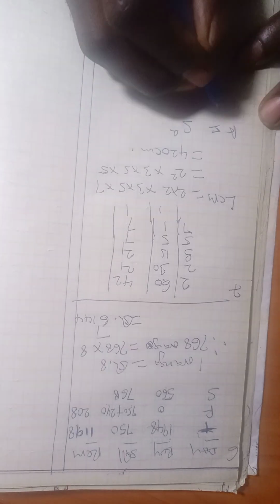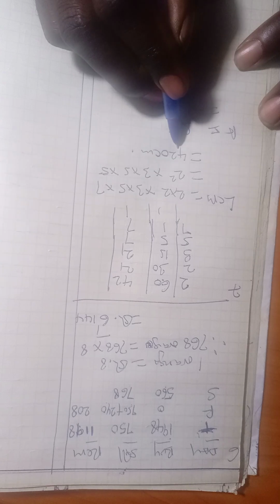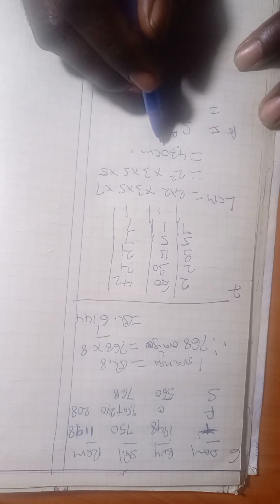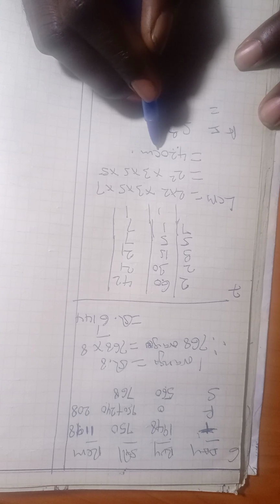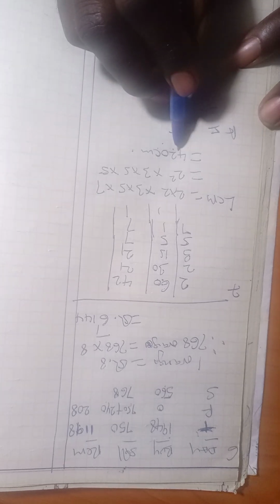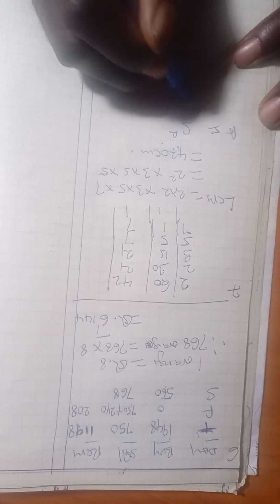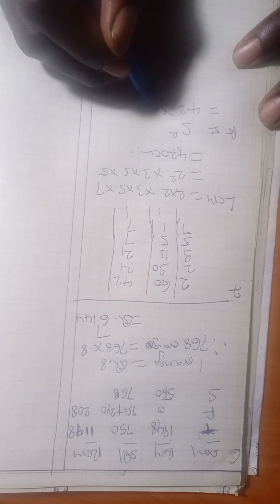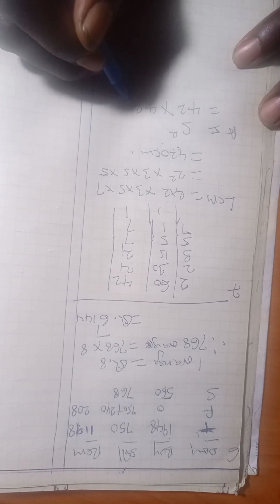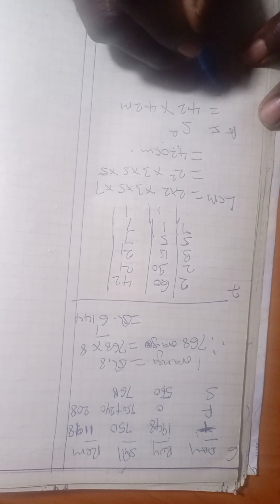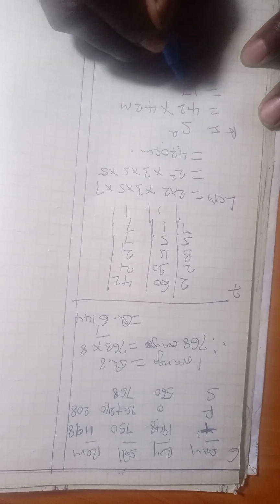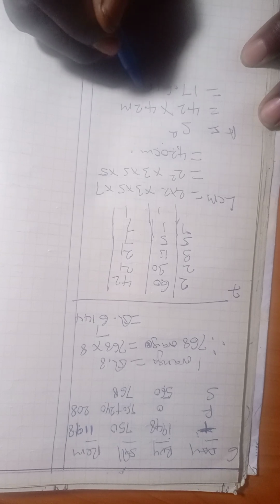Now, we have been given this as the side of the square in centimeter, and we have been told our answer should be in meter. We can convert this into meter by dividing by 100. It gives us 4.2 meters, multiplied by 4.2 meters, such that our answer becomes 1764 meters square.